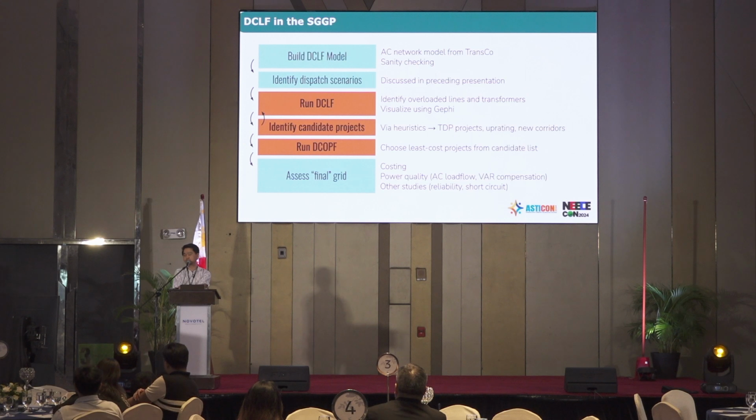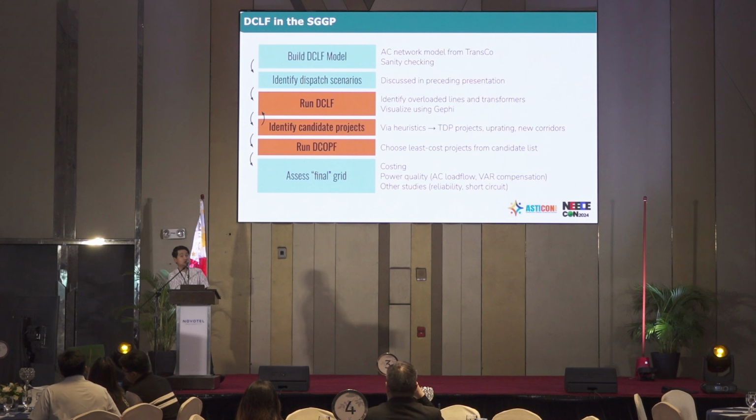Okay? So paano ginamit yung DC load flow doon sa project? So now, the first step is to build the DC load flow model. So the existing model from Transco is the full AC model, no? So we just convert that to DC load flow by removing some of the parameters, no? And of course, some sanity checking.